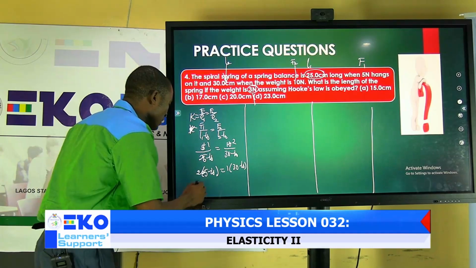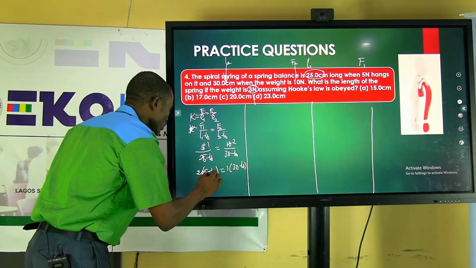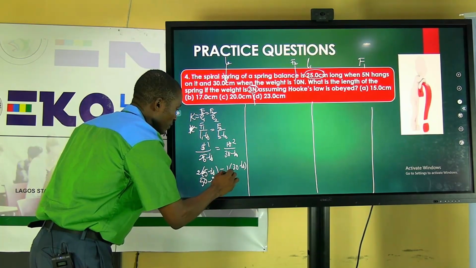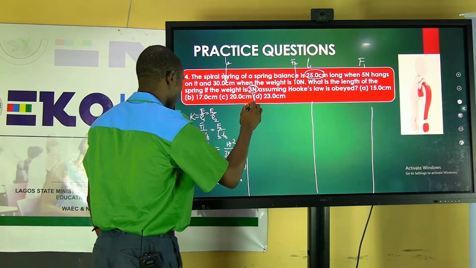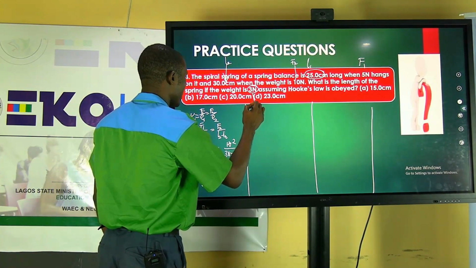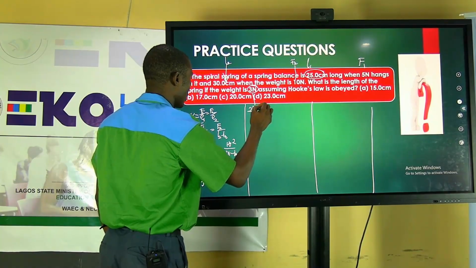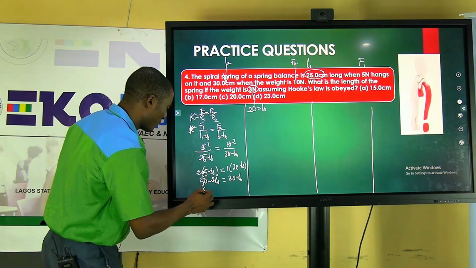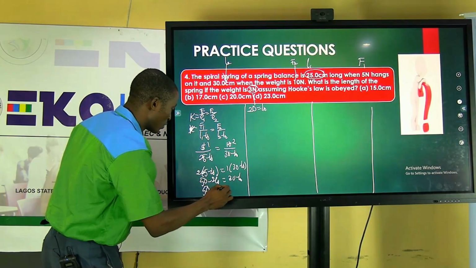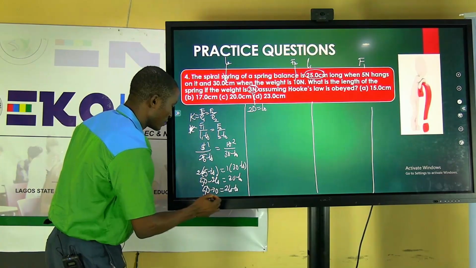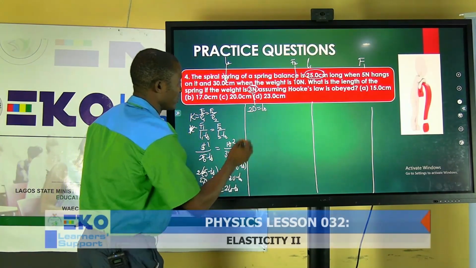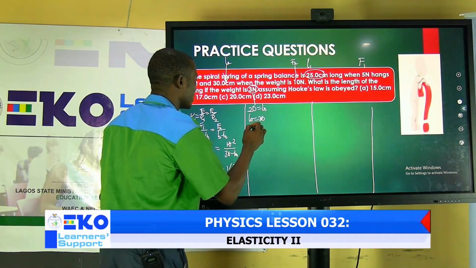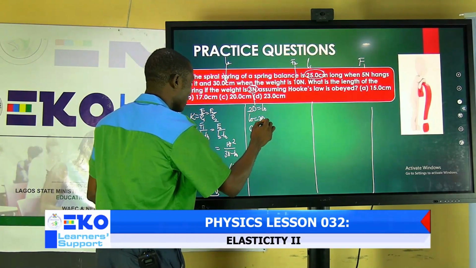So you have 50 minus 2L0 equals 30 minus L0. From here, 20 equals L0. How? 50 minus 30 equals 2L0 minus L0. 50 minus 30 is 20, and 2L0 minus L0 is L0. So the original length is 20.